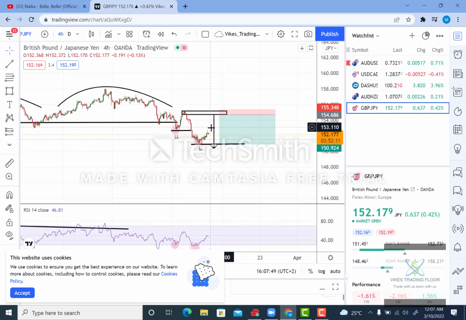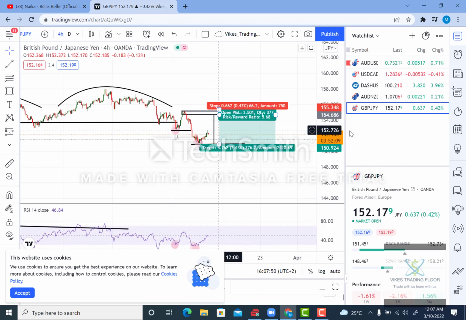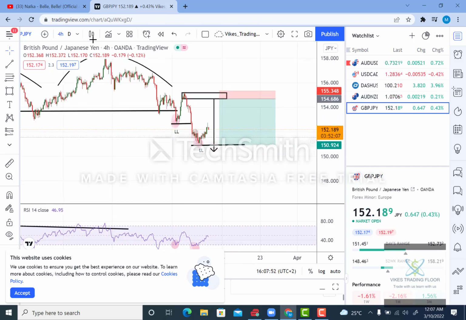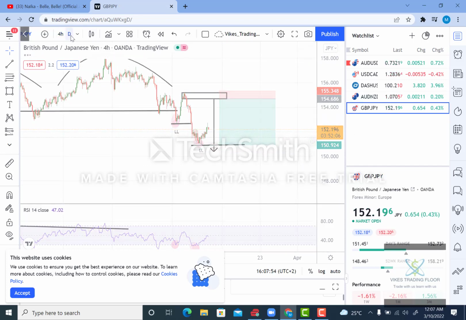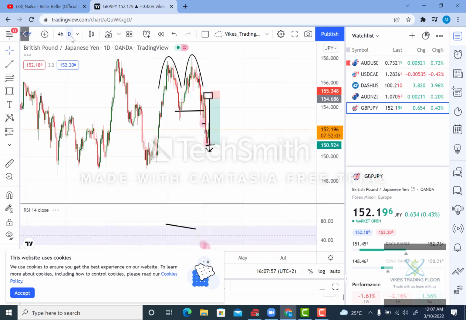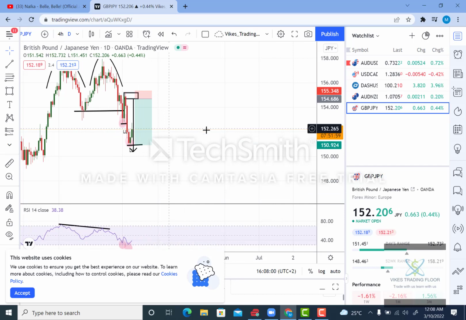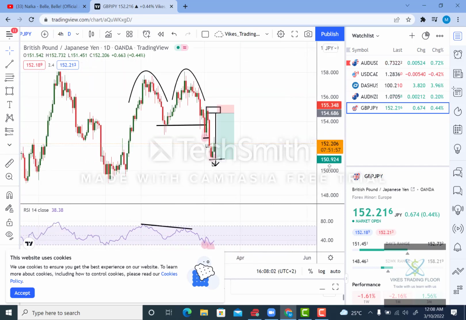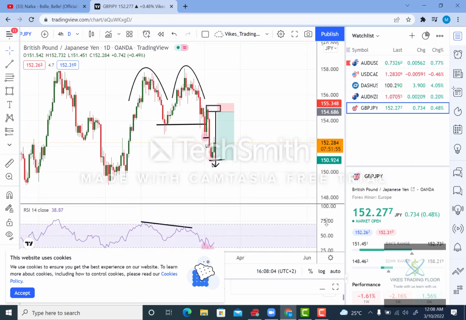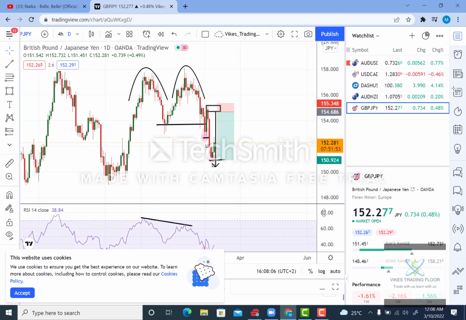So I think we have analyzed our GBPJPY. Let's recap. On the daily time frame, we identify our M pattern with a very strong divergence in the momentum indicators, in this case RSI 14.